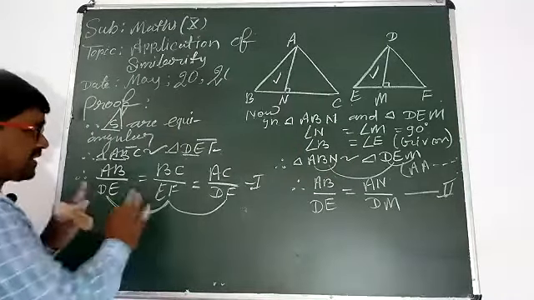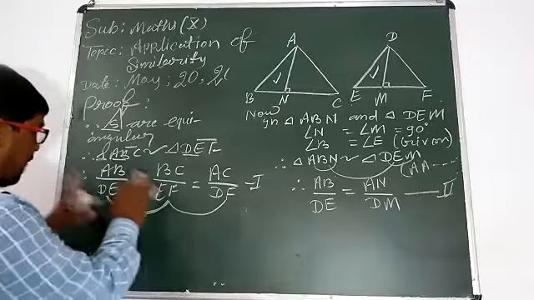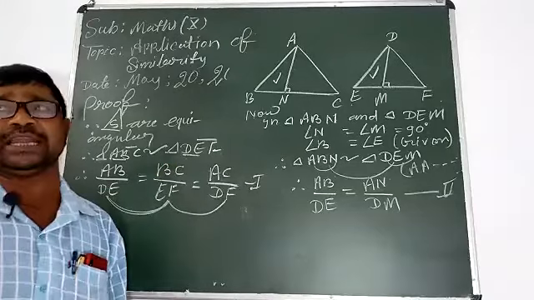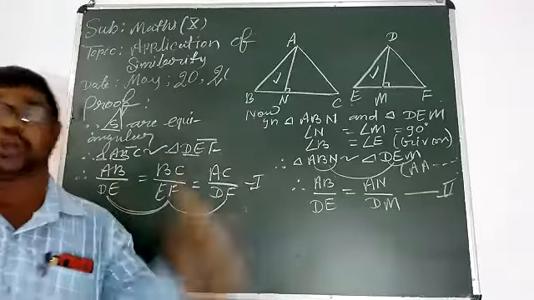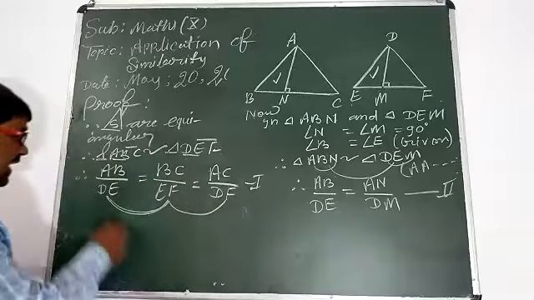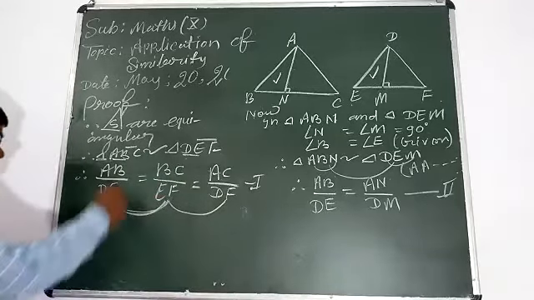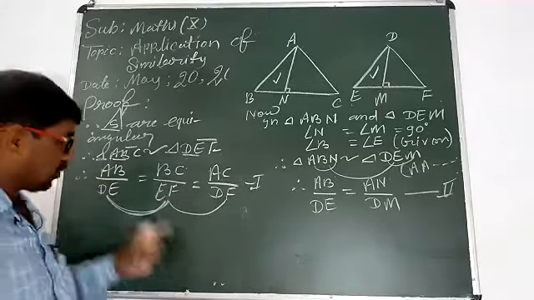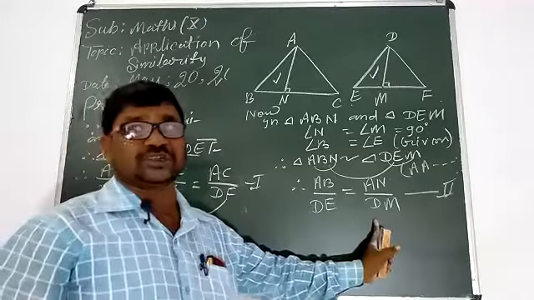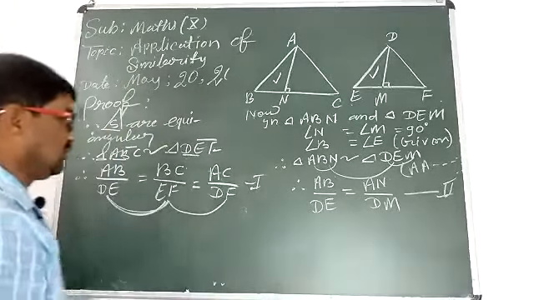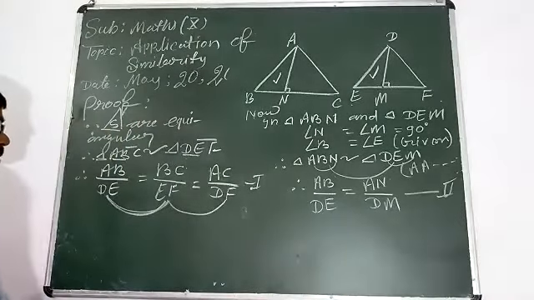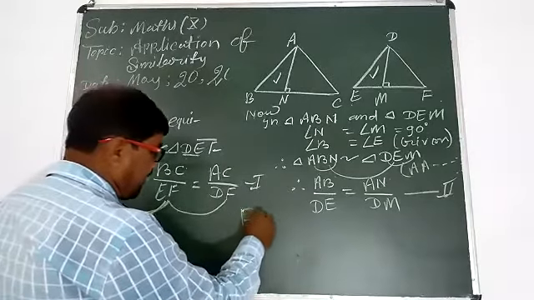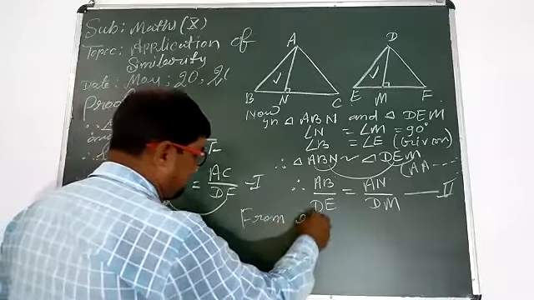Your requirement is only these two: AB upon DE equal to BC upon EF, this is your first equation, and that is your second equation. Now student, write your final judgment from equation first and second.